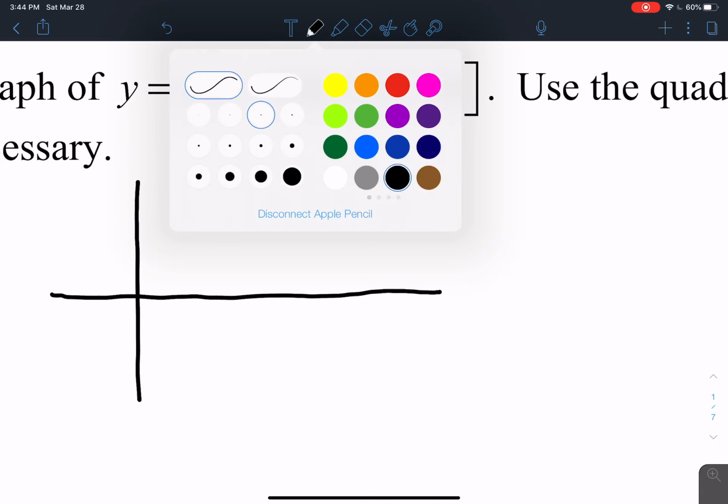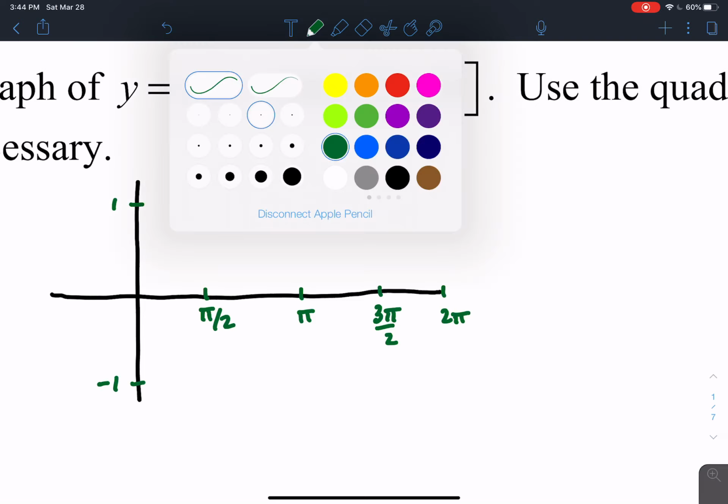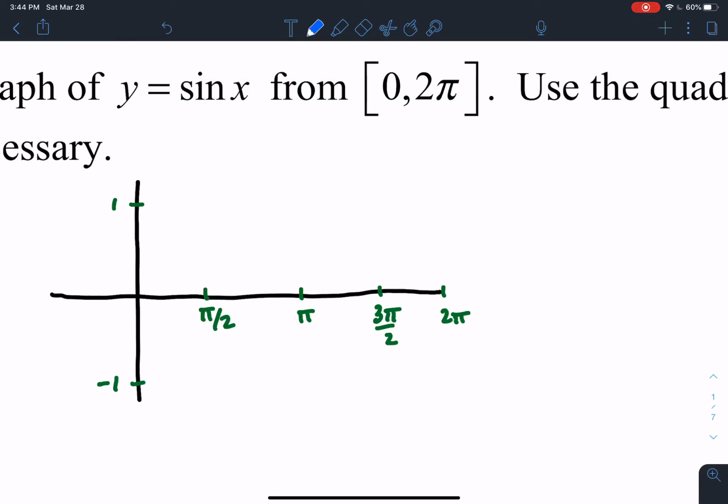for the graph here. I have 0, pi over 2, pi, 3 pi over 2, and then 2 pi. I'm going to go up to 1 or negative 1. Starting at x equals 0, sine of 0 is just 0, so I'm going to put a point there.